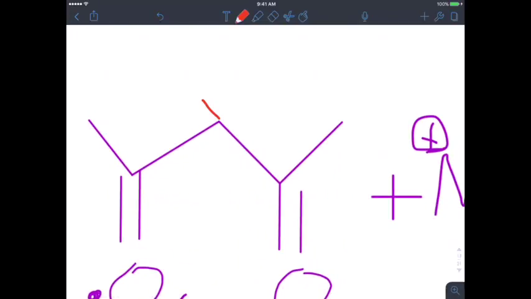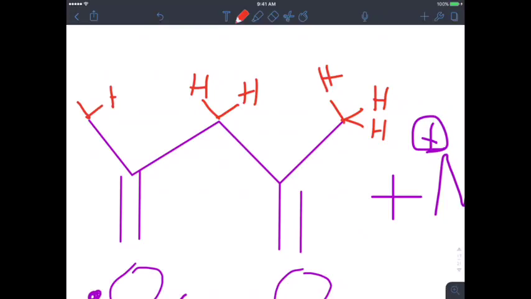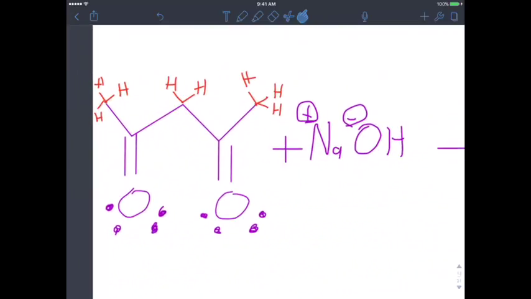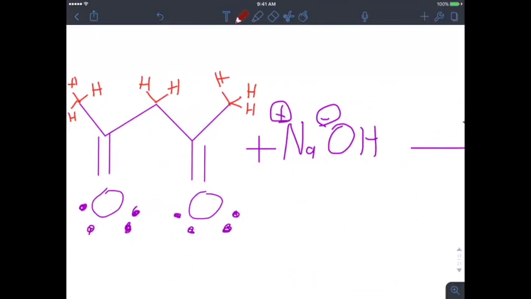We know that carbon needs to always have 4 bonds, so we'll just fill it in. These should have a total of 3. And this side's just the same thing as the other, since it is symmetrical. And since it's symmetrical, all these hydrogens are mostly identical except the ones in the middle.